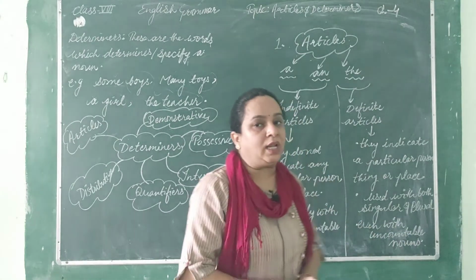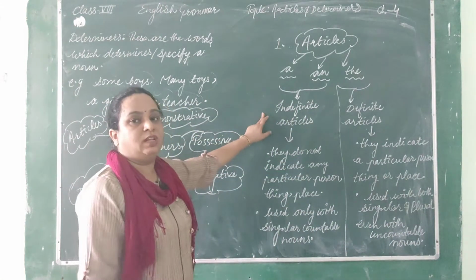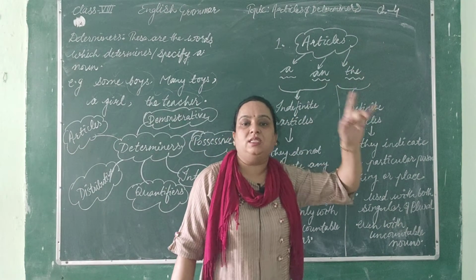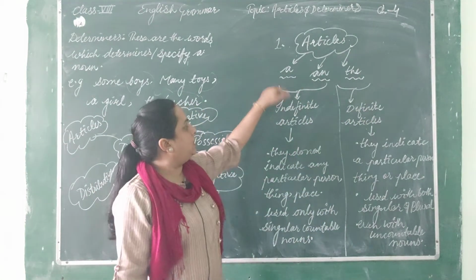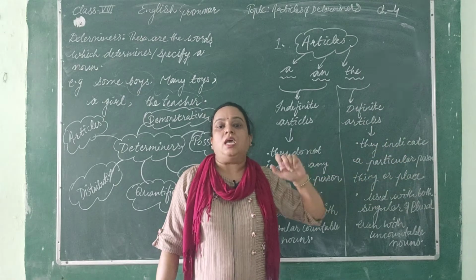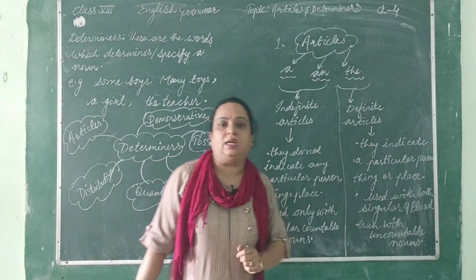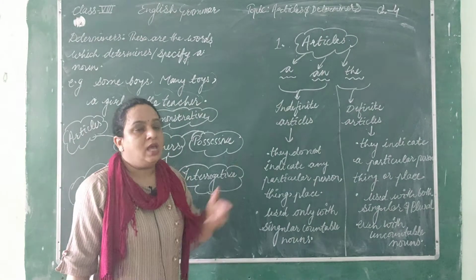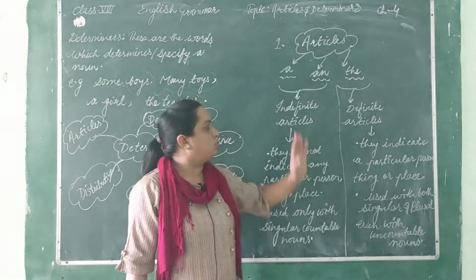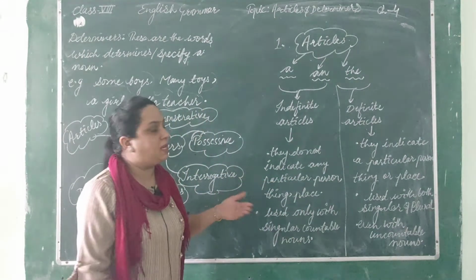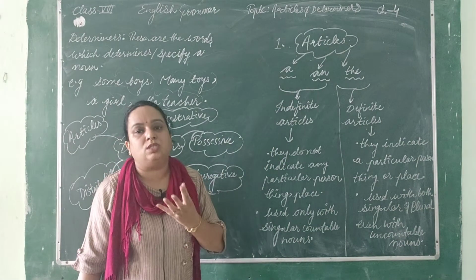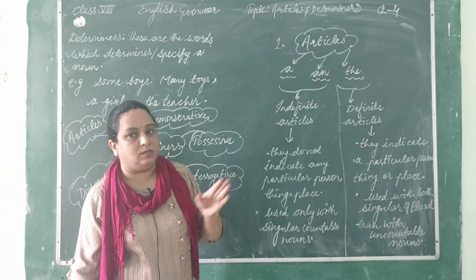So let's have a quick revision of this article determiner, which is the very first kind. We have studied that article determiner is divided into two parts. One is indefinite articles, number two is definite articles. In the category of indefinite articles, we have learnt a and an. And in the category of definite articles, we have only the. Now indefinite articles we have to use according to the sound, consonant and vowel.